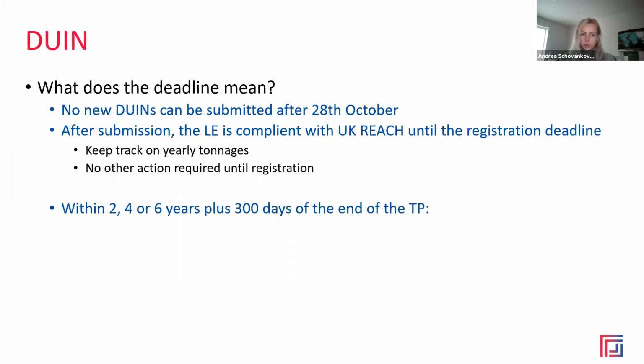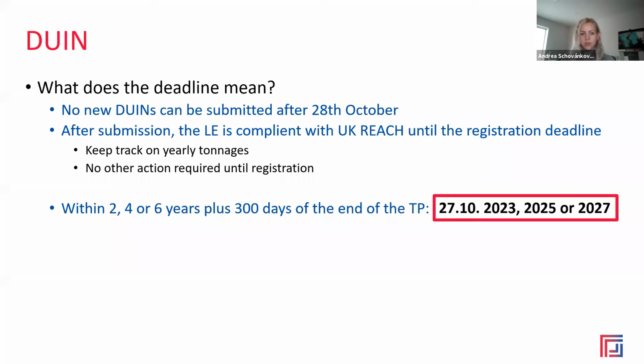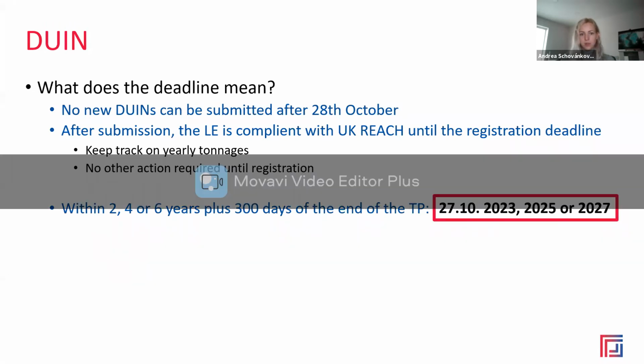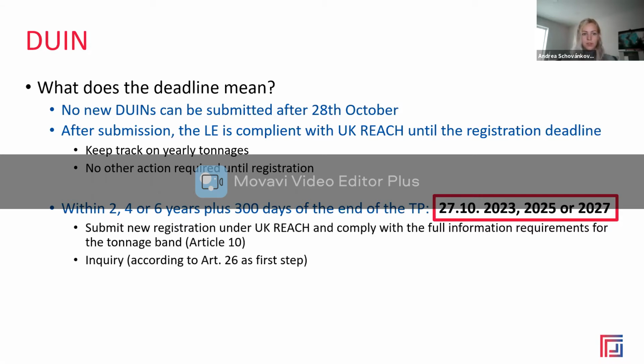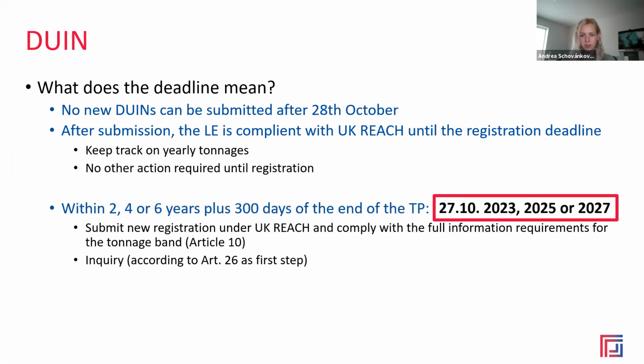Then within 2, 4, or 6 years, plus the 300 days of the end of the transition period, so on the 27th of October of 2023, 2025, or 2027, you have to submit a new registration under UK REACH with the full information requirements for the tonnage band as you have set or as you are at that point.